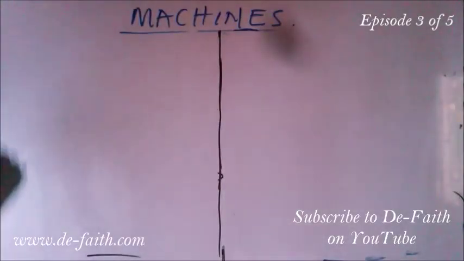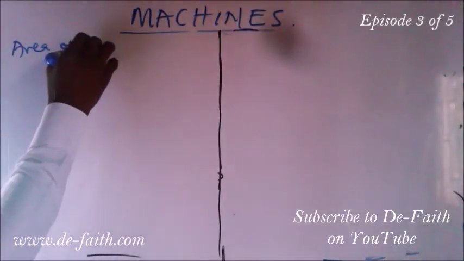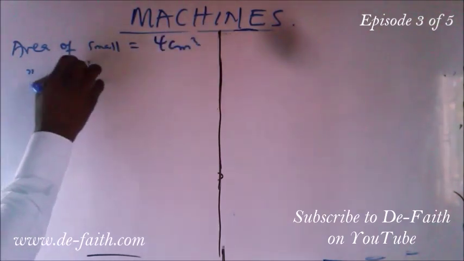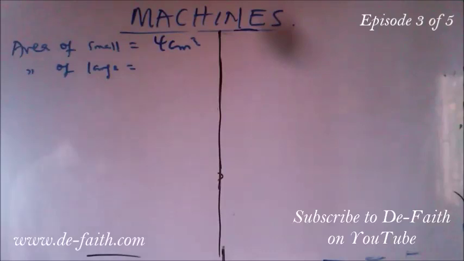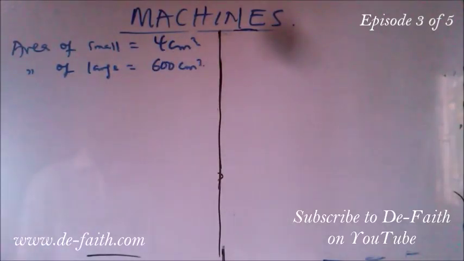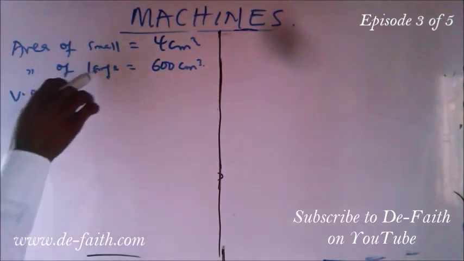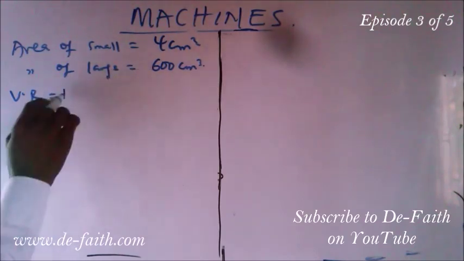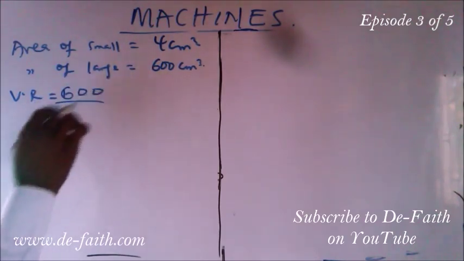Here, we are given the area of the small piston to be 4 cm squared, and the area of the large piston as 600 cm squared, and we are aware that the velocity ratio can be derived by the ratio of the large piston to the small piston. So we have the large piston is 600 and the small piston is 4.